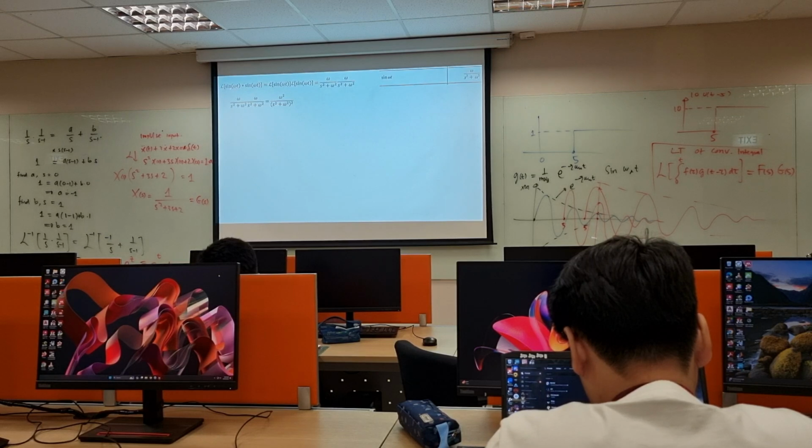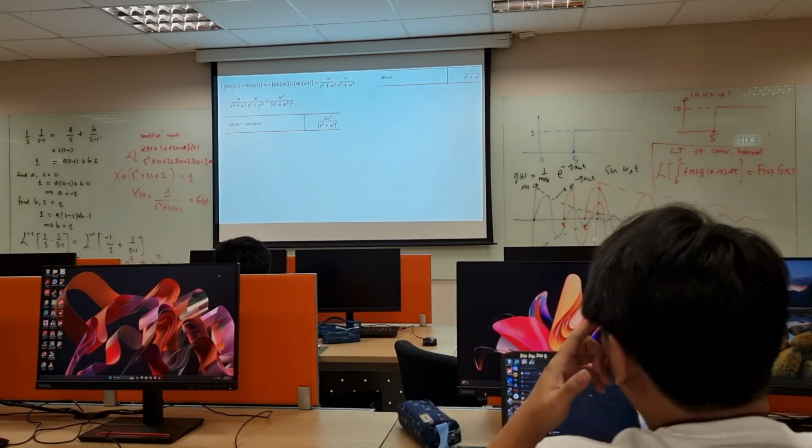The original equation is a convolution integral, and I need to solve it. But because I take the Laplace transform, I get the product of the two Laplace functions. If I multiply them together, I get this.